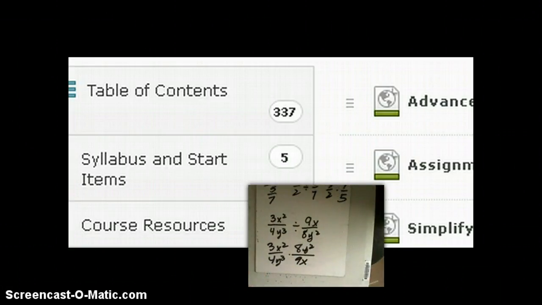Now, we could multiply it all out, but no, we're going to think ahead. Let's see. 3 goes into that 1, 3. I've got an x here, and I've got an x here. I would write it up there, sort of out of the way. I've got numbers 4 and 8. Okay, and then I've got a y cubed and a y squared.